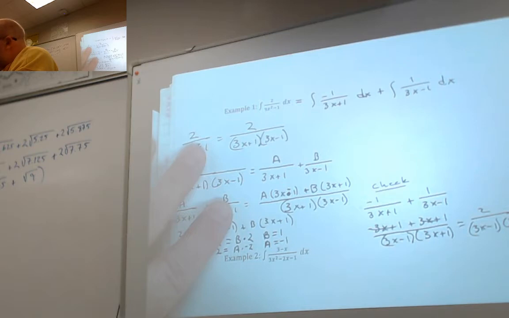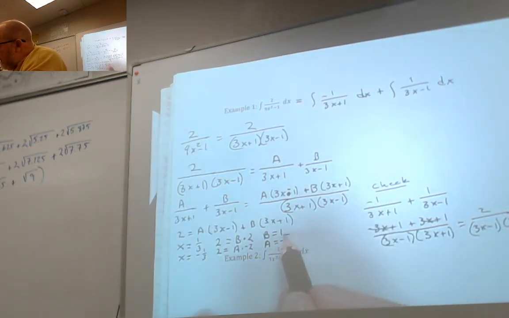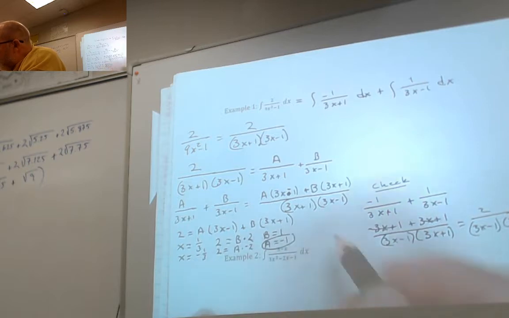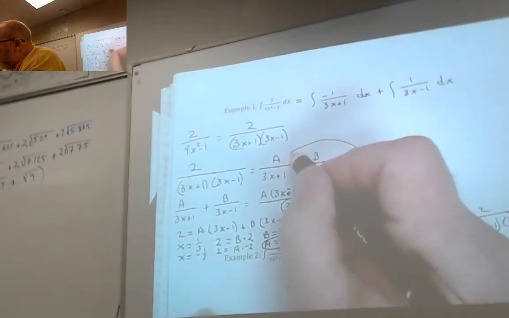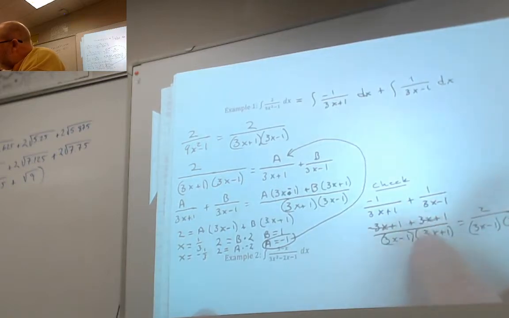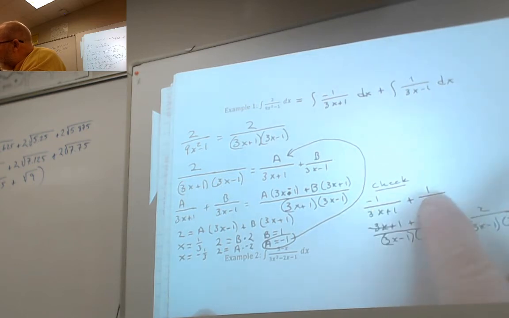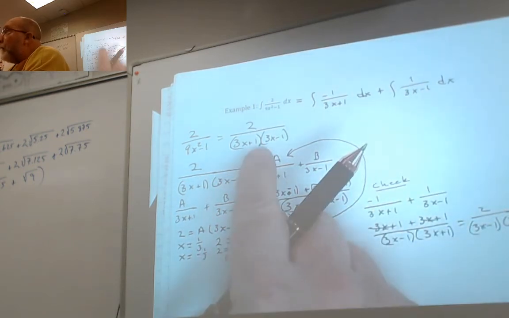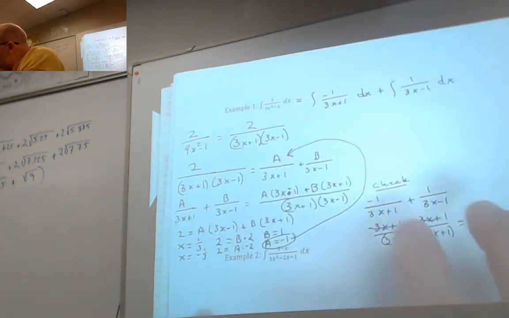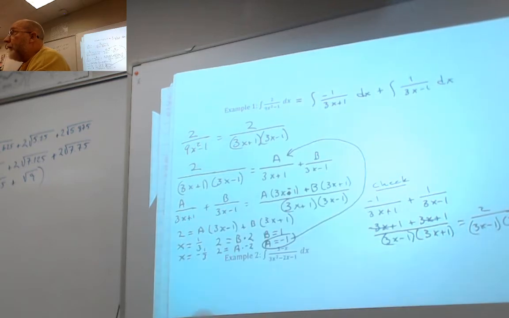So where do you get the negative 1 from? That's what I determined A to be, a negative 1 right here. And so I came up here and stuck it into A. Okay. All right? This right here, Carter, was me just checking that if I put negative 1 for A and 1 for B, when I multiplied it out, I would get this. In other words, these two fractions created that fraction. Does that answer that? Yep.